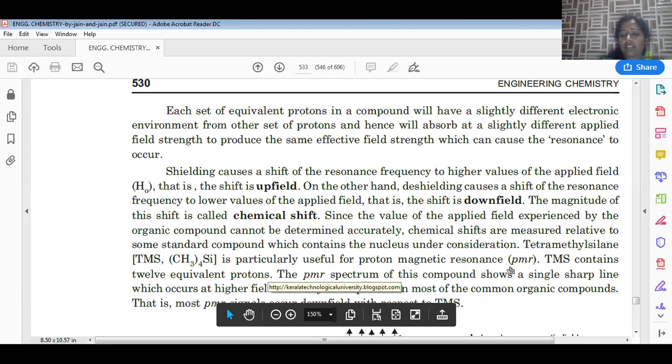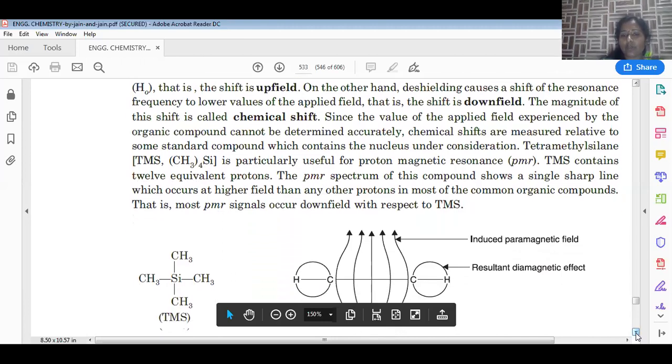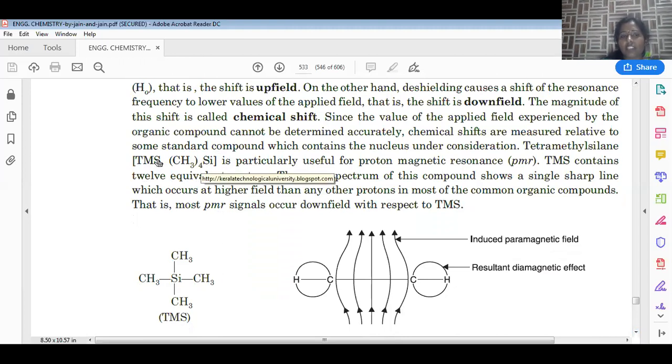Always, this tetramethylsilane is taken as the internal standard in NMR spectroscopy. We have a few reasons to choose TMS as the internal standard. One is that silicon is a low electronegative element, so the signal always appears at upfield.